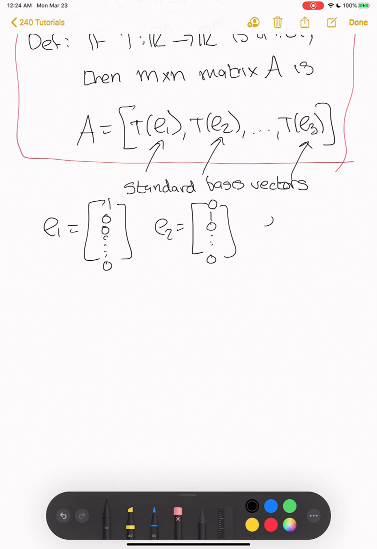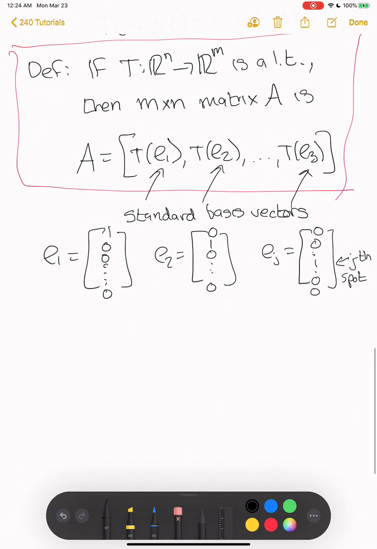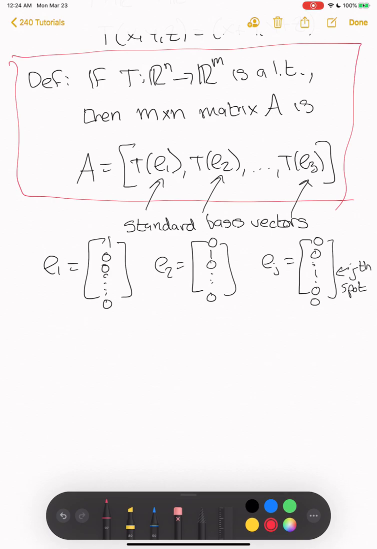And then you can generalize this: ej is equal to zeros everywhere, a 1 in the jth spot, and zeros everywhere else. So then just in everyday language, what we're doing to find A is we're sending the standard basis vectors through our transformation, and then we put what we get as a column in our matrix here.